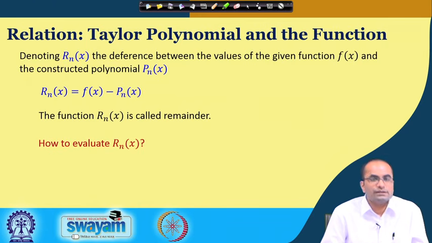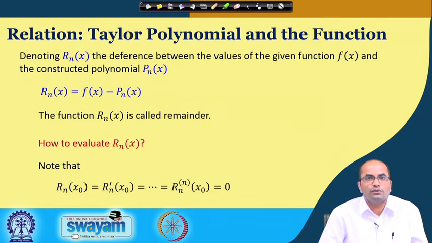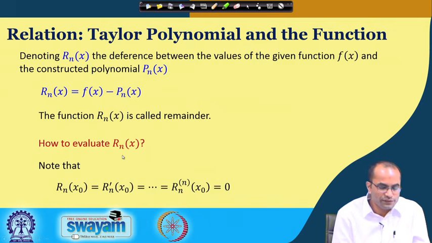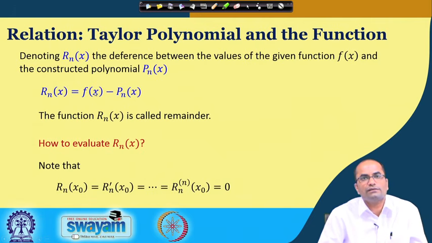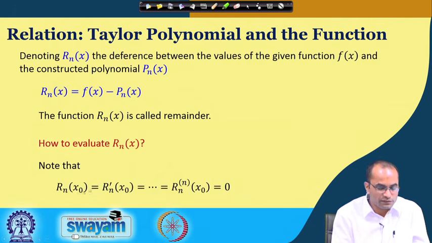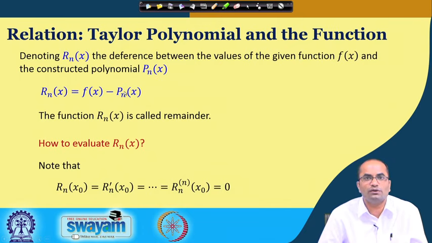So, now the question is how to evaluate this R n x, and to go further for the evaluation, we first note that R n at x 0 is f x 0 minus P n x 0, and by construction this polynomial at x 0 is equal to the function value at x 0. So, this is 0, and the first derivative, the same thing. The first derivative of f at x 0 is equal to the first derivative of the polynomial at x 0.